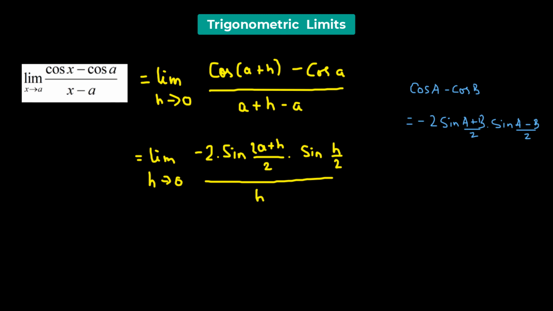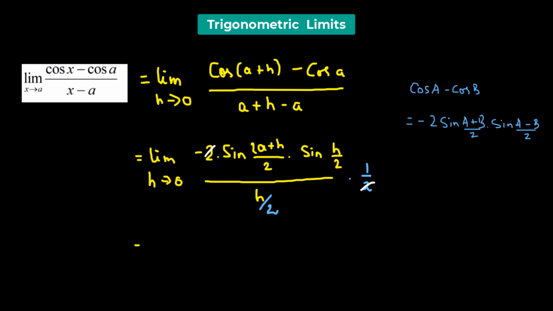Now what we're going to do, we're going to divide the denominator, which is h, by 2. So that would mean we have to take care of that extra 2. So we multiply the entire function by half. So doing that, we can get rid of the 2 from the numerator and the denominator.